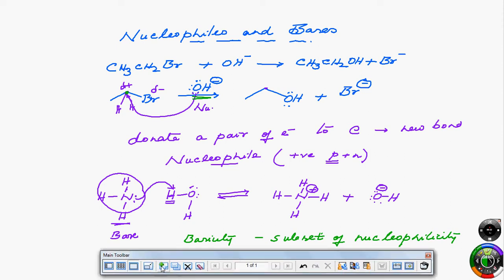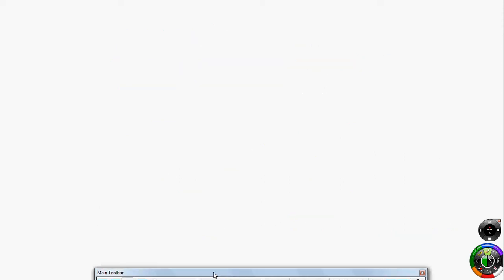Let's talk about some more examples of nucleophiles. H2O, because of the presence of 2 pairs of electrons on oxygen, is able to donate the pair of electrons, therefore it's a nucleophile.